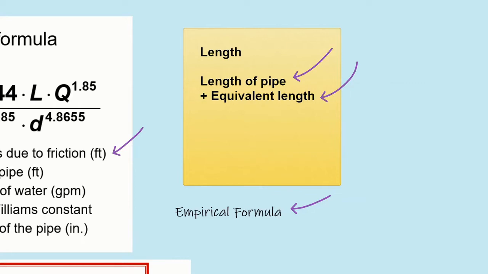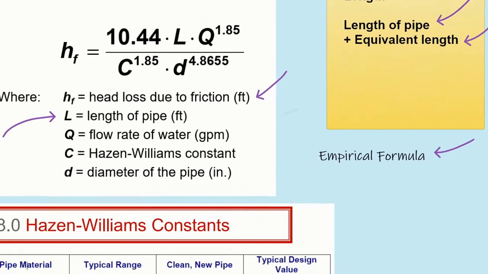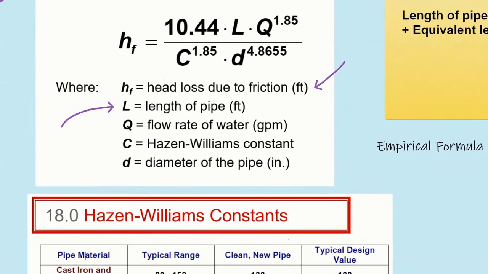It's the total of these two. Usually the equivalent length of fittings is just a small portion of the length of the pipe, but it will make a difference, so it's important to understand both of those. Those go together to give you the length of pipe in your system. So you're expressing your fittings as an equivalent length of additional pipe.